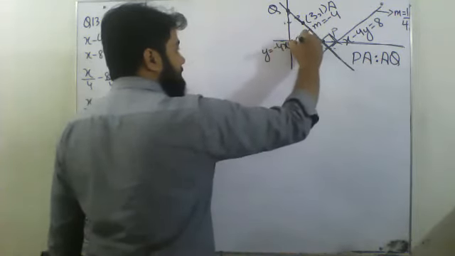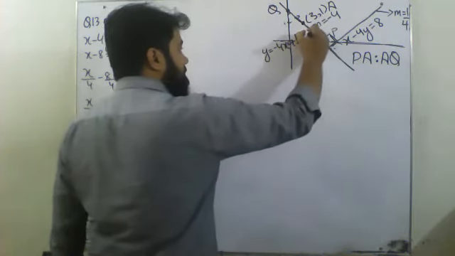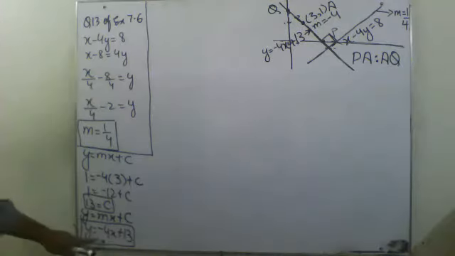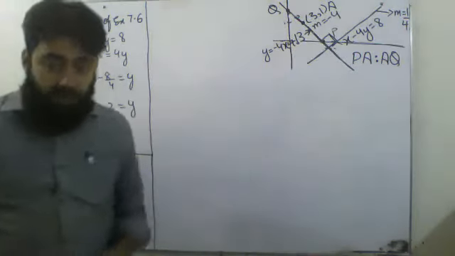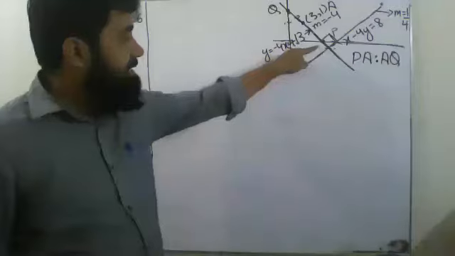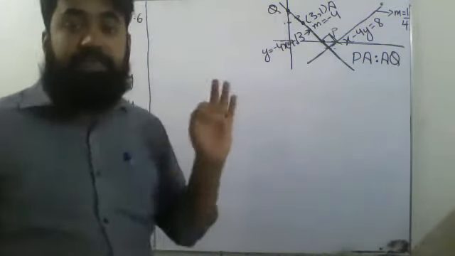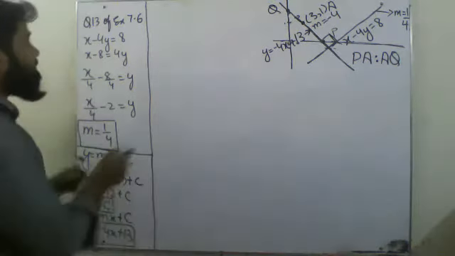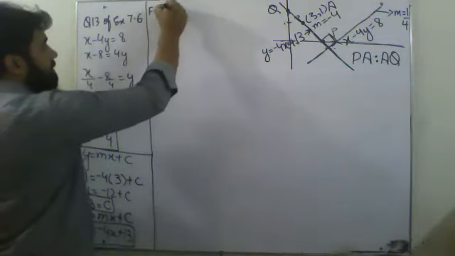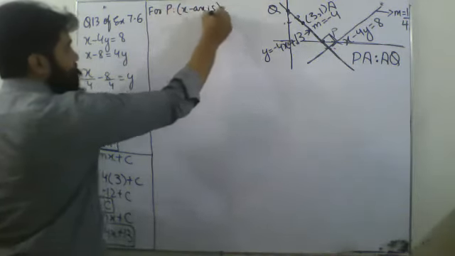The equation of this line is coming y equals minus 4x plus 13. Okay. So I have got the equation of the line. Now this line is intersecting the x-axis at P, and the y-axis at Q. This is the information given in the question. So for P, which is on the x-axis.